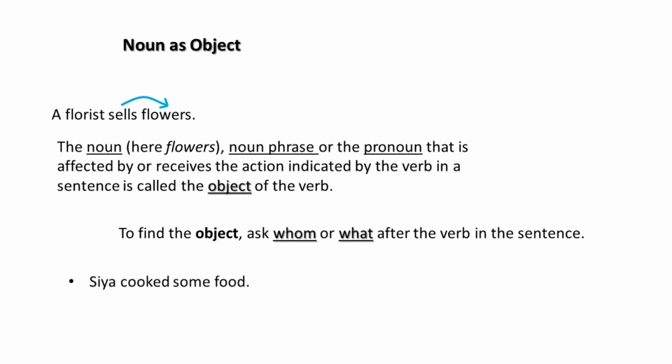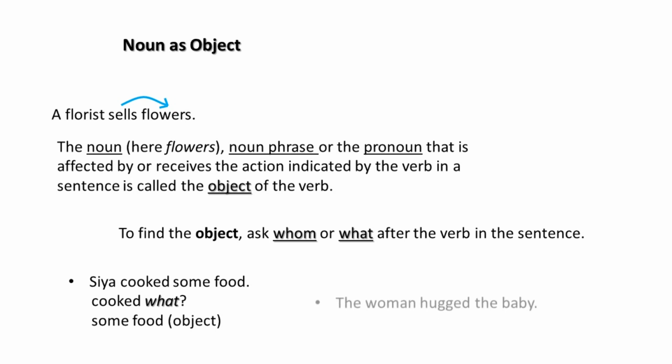Sia cooked some food. Cooked what? Some food. So, when we ask the question what after the verb cooked, we get the answer some food, and that some food is the object of the verb cooked.